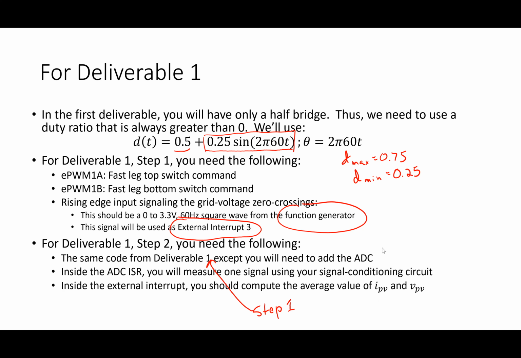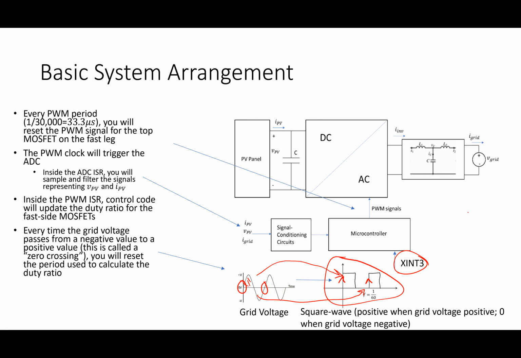Now, the other thing that you're going to need to do is learn how to properly use the ADC, which means you need to go through the calibration step, okay? The calibration step is how do I figure out how to take the value that is going to be here inside the ADC.